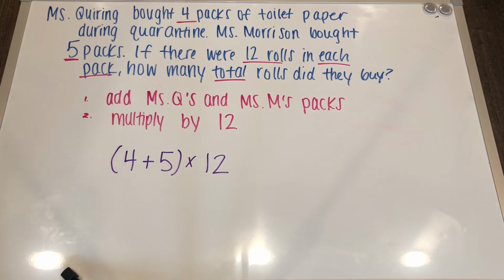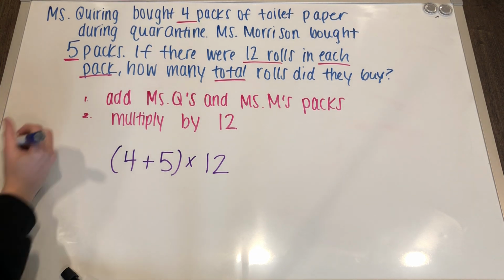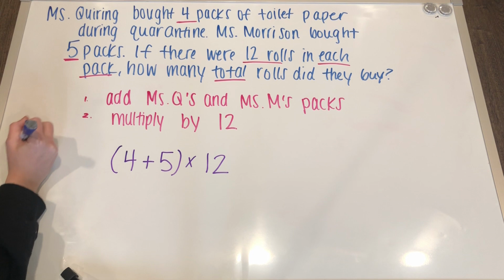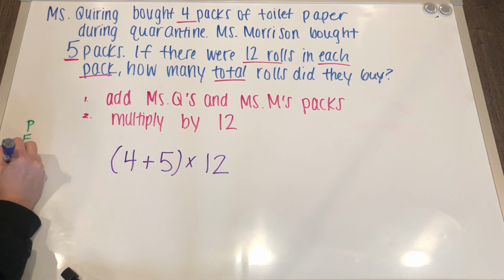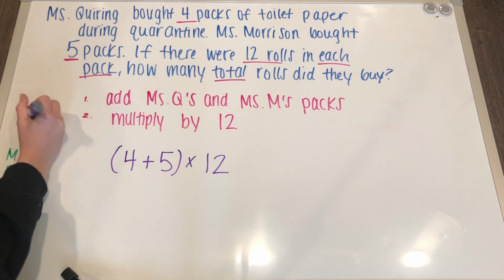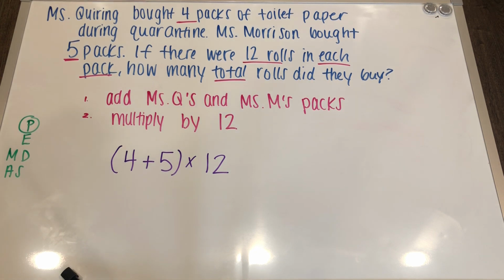So the next thing that we're going to do is evaluate or solve our expression. Whenever we're solving an expression, we have to solve it using order of operations, okay? So we have parentheses, exponents, multiplication, division, addition, subtraction. We're really gonna focus on those parentheses, okay?